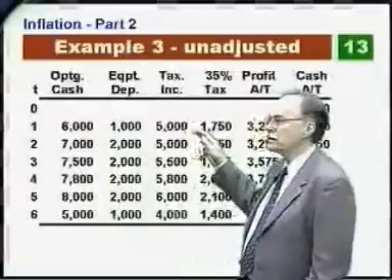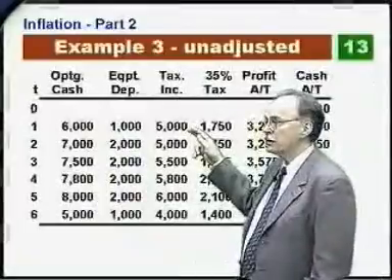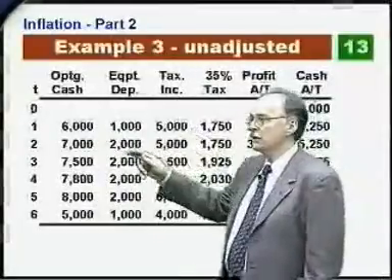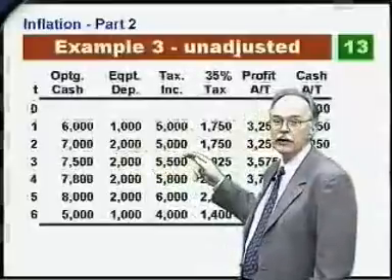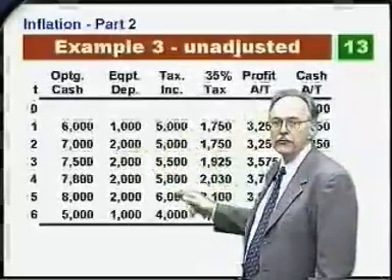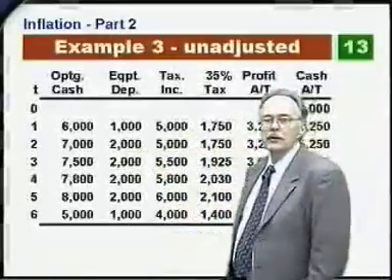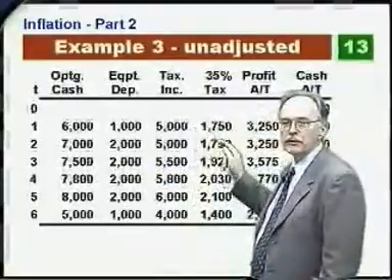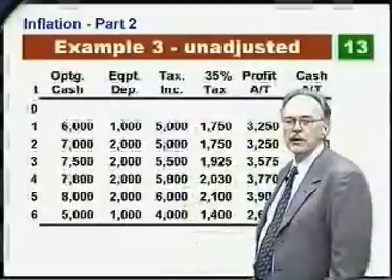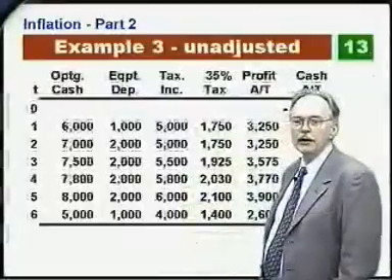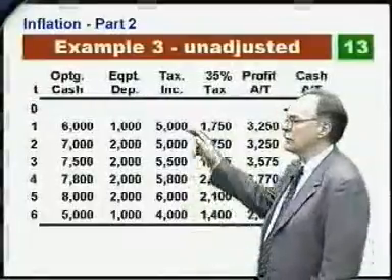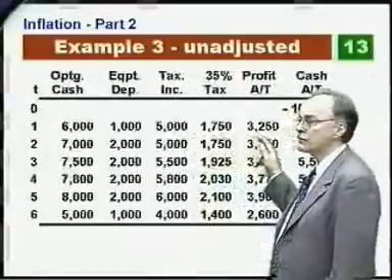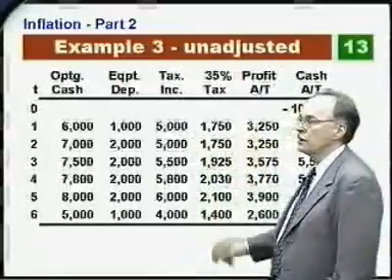6,000 minus 1,000 gives us a taxable income of 5,000 in the first year. 7,000 minus 2,000 gives us a taxable income of 5,000 in the second year, and so forth. The marginal tax rate is 35%, so we just compute 35% of each one of these. Subtract the tax from the taxable income to get our profit after tax. 5,000 minus 1,750 gives us 3,250, and so forth.